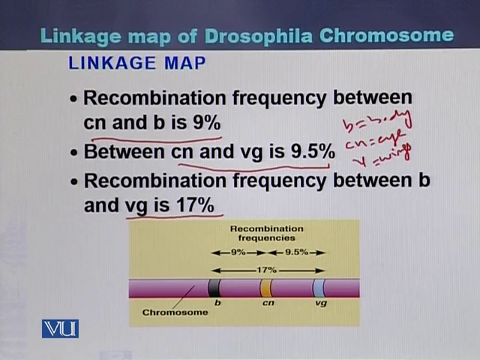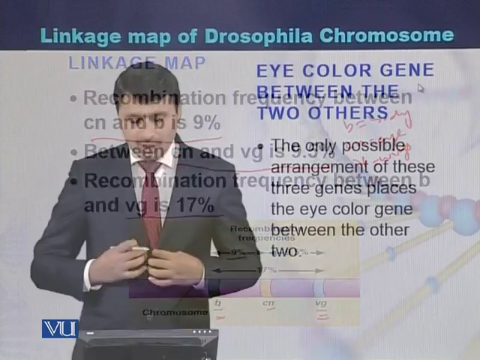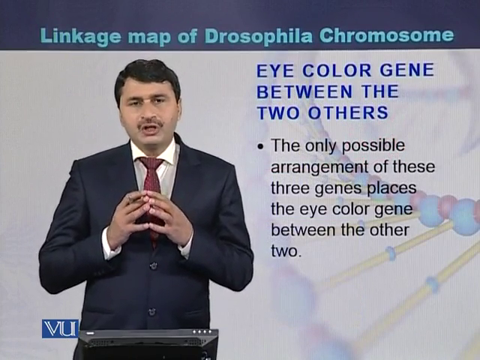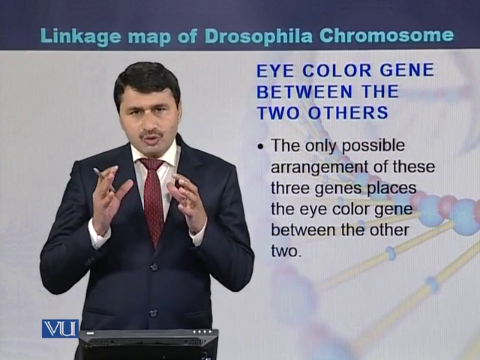How can we order the position of these genes on the chromosome? If the frequency between B and CN gene is 9%, the CN gene and VG gene is 9.5%, and the frequency between B and VG gene is 17%, it means the CN gene, which is for eye color, should be placed between the two other genes.